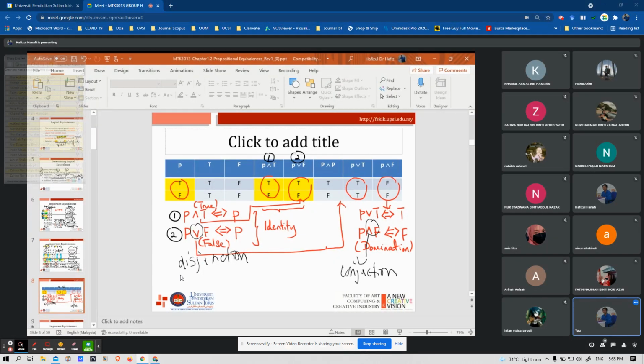For the domination law, the conjunction must be false. You can reverse the identity and domination. Bear in mind that for logical operations, the identity for disjunction is false, and the identity for conjunction is true.